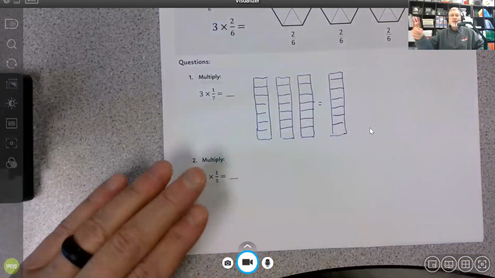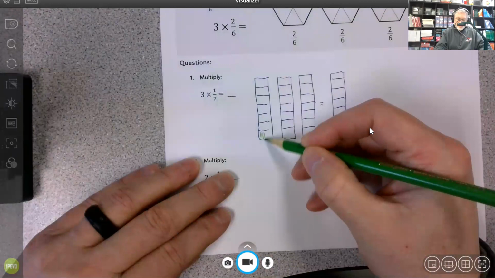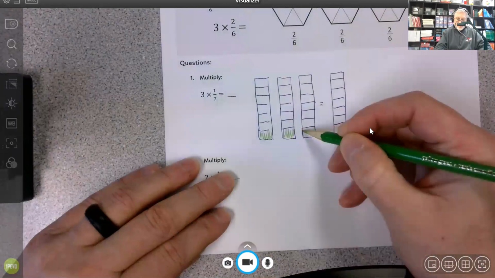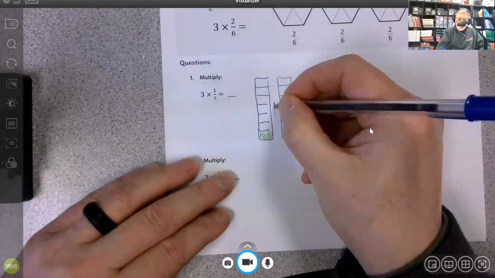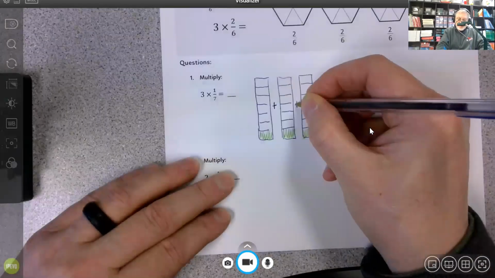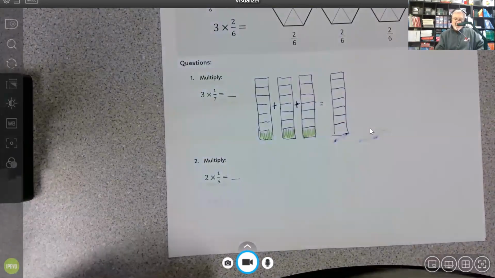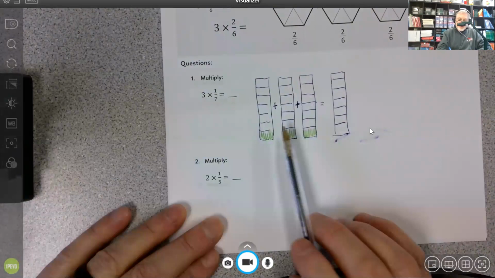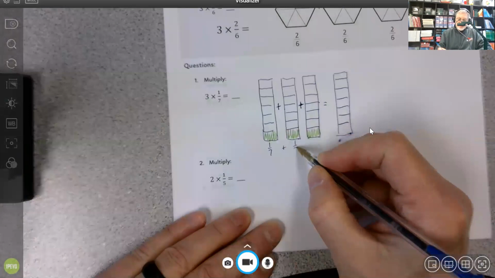All right, so I'm going to shade in 1/7, and I know that I'm going to be adding these together because we talked about in an earlier lesson that multiplying is the same as repeated addition. So I'm going to repeat my addition of 1/7 plus 1/7 plus 1/7.